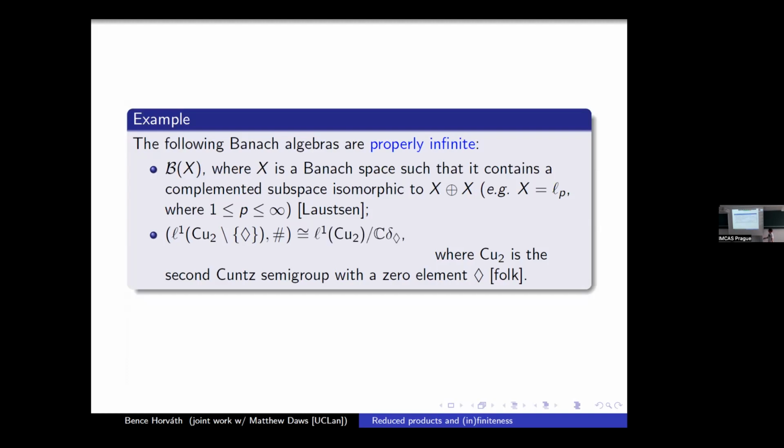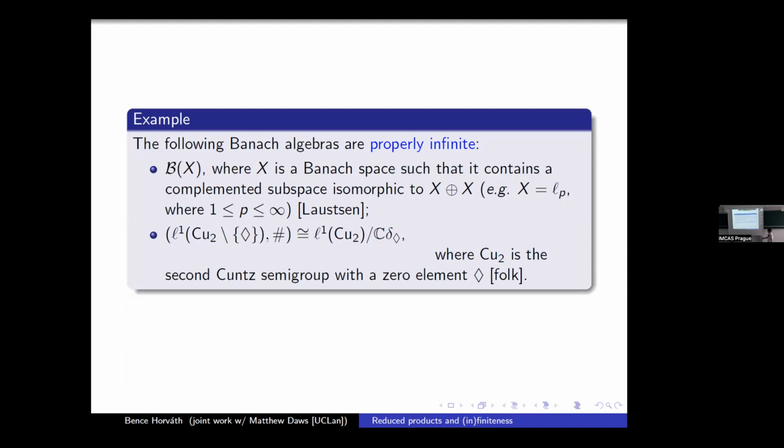And how you actually construct this, what does that weird hash thing mean there? So you take L1 of this set. This is a perfectly legitimate Banach space. You want to put a product into it, which is this hash thing. And how you do this is that you realize that as Banach spaces, this one is isomorphic, actually isometrically, to this one.